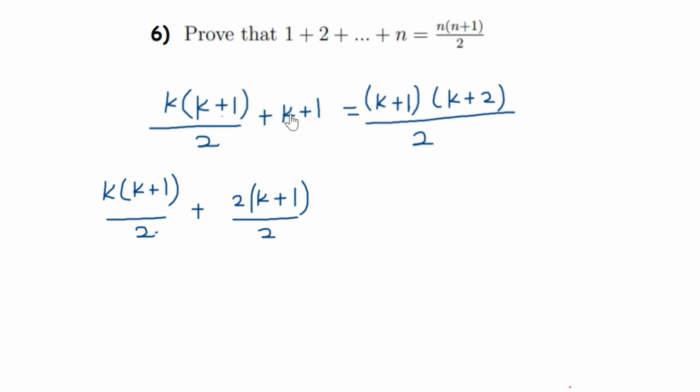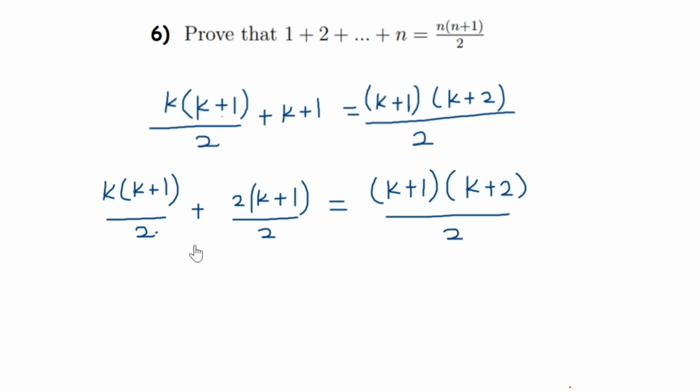This is the same as what I have here, because these 2 cancel out these 2, and you still have what you have here. So it's the same thing. So this will be equal to k plus 1 multiplying k plus 2, all this divided by 2.